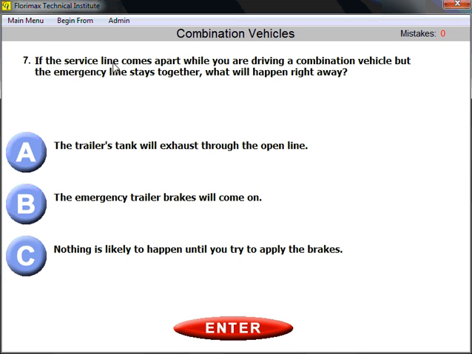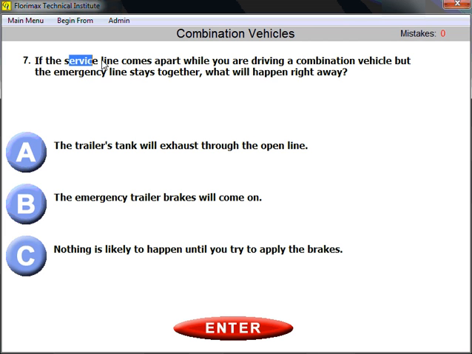Question number 7. If the service line comes apart while you are driving a combination vehicle, but the emergency line stays together, what will happen right away? You need to remember service line, the blue line, right? Emergency line, red line. It's called emergency because it reacts to the emergency. When the pressure drops, something happens right away.